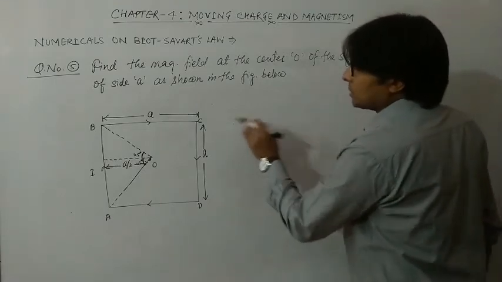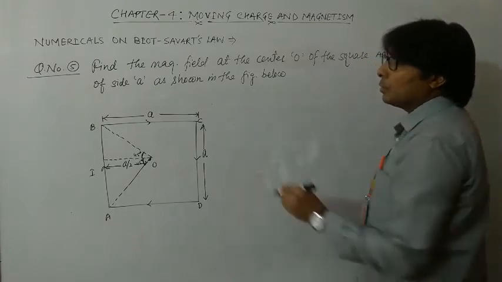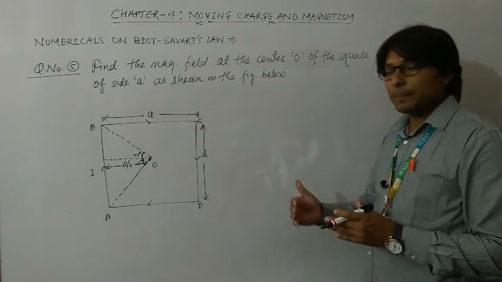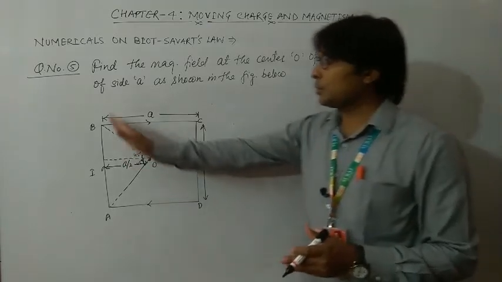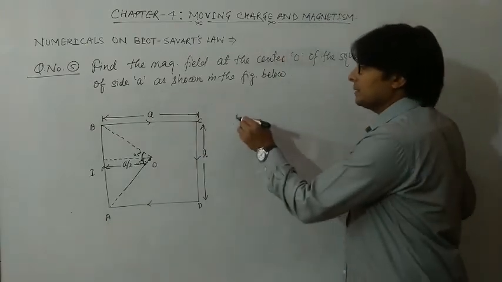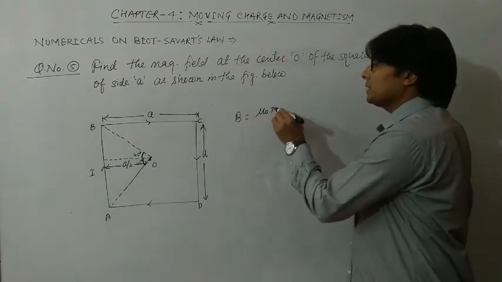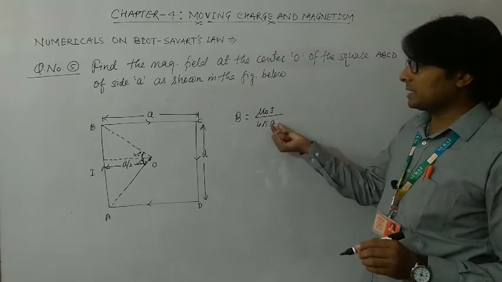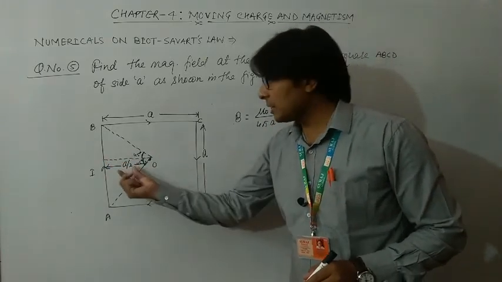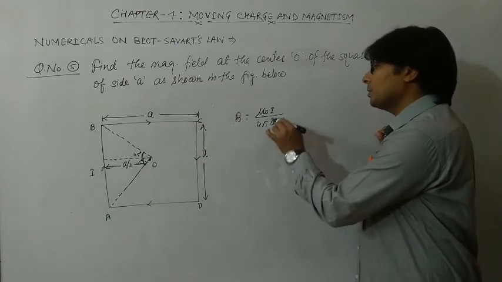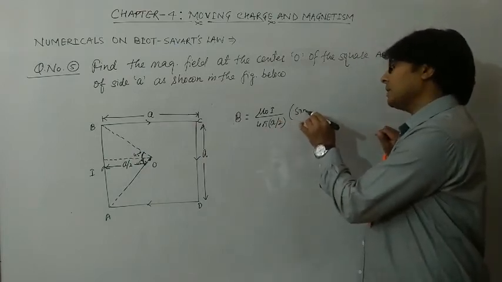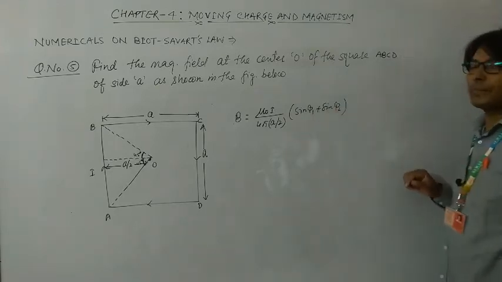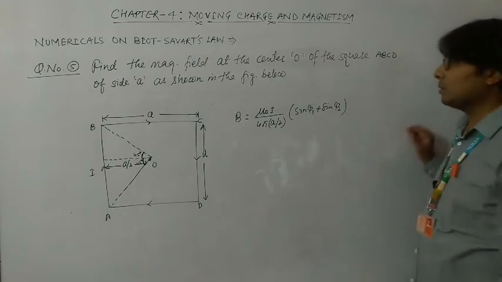Okay, so using the formula of magnetic field at a perpendicular distance due to a finite length wire, we can say B is equal to mu 0 I upon 4 pi a, although here the distance is not A, it is A by 2. So I will write here A by 2, and sine phi 1 plus sine phi 2. That was the formula for magnetic field due to a finite length wire.